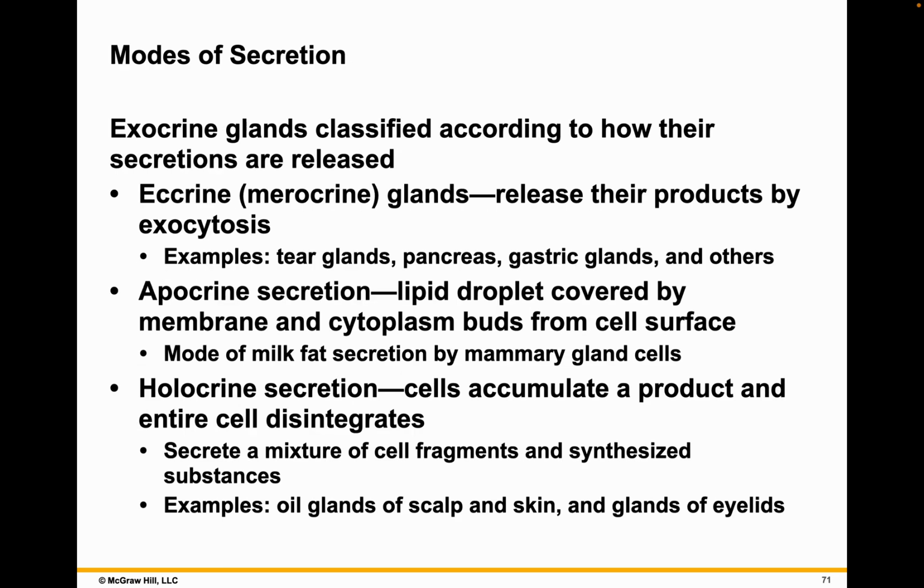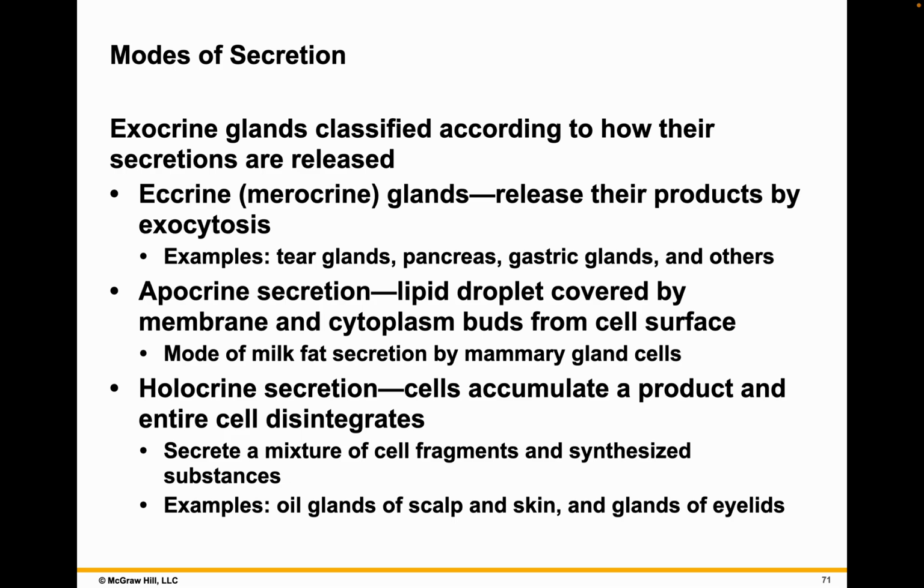Exocrine glands are also classified according to how their secretions are released. We have eccrine or merocrine glands, which release their products by exocytosis: tear glands, pancreas, gastric glands. Apocrine secretion, where a lipid droplet covered by membrane and cytoplasm buds from the surface of the cell.